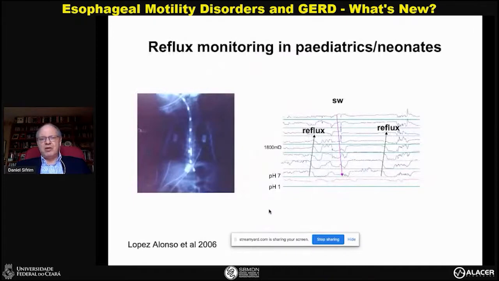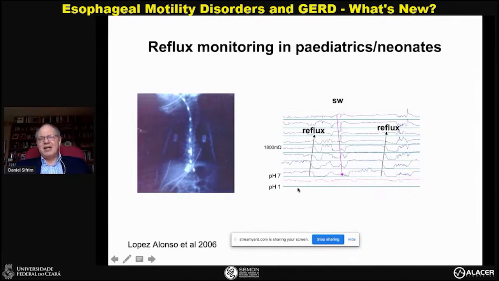The other important area where non-acid reflux is very important is in pediatrics, and particularly in neonates. The diagnosis of some respiratory disorders in neonates suspected to be secondary to aspiration of gastric contents or reflux can be made by impedance and not by pH-metry, because most of these regurgitations are non-acidic, because the stomach in these infants is full of milk.